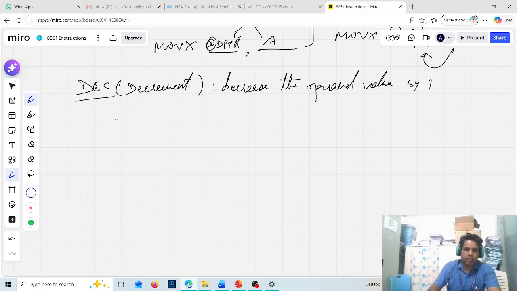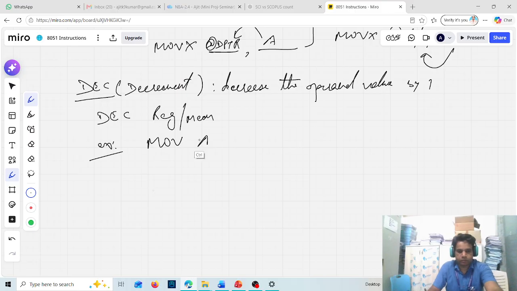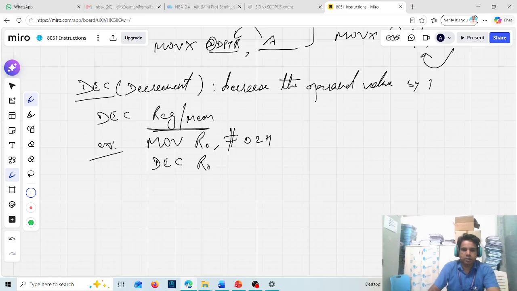The syntax is DEC register or memory. For example, suppose I have written MOV R0, #02H, and if I write DEC R0 as per the syntax, what is the meaning? The new value of R0 will become the previous value of R0 minus 1.